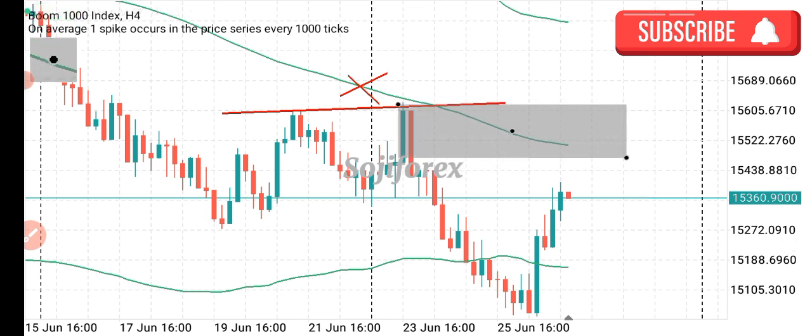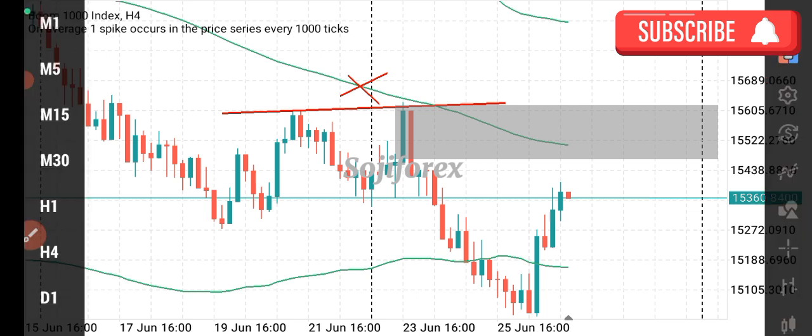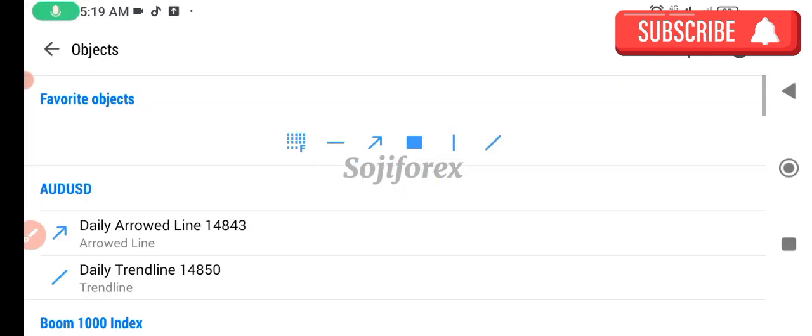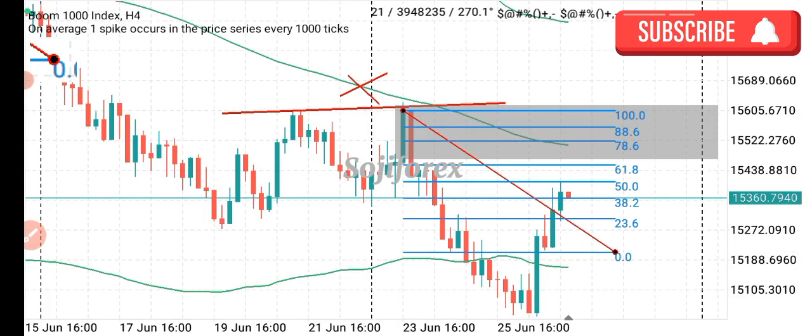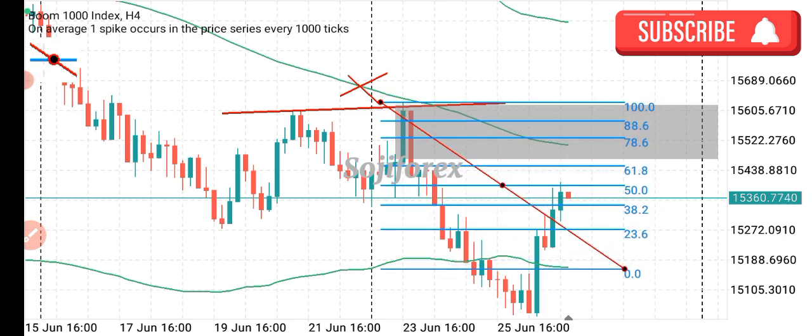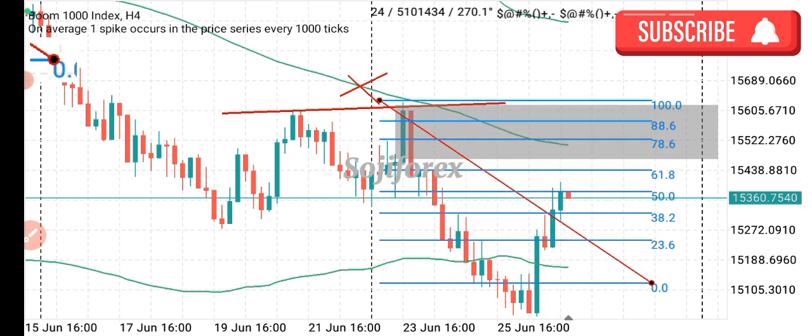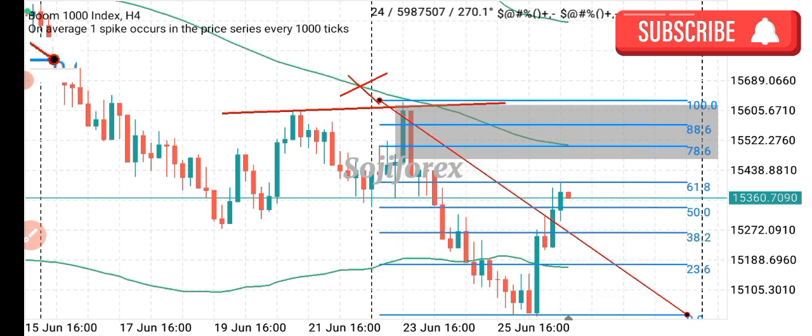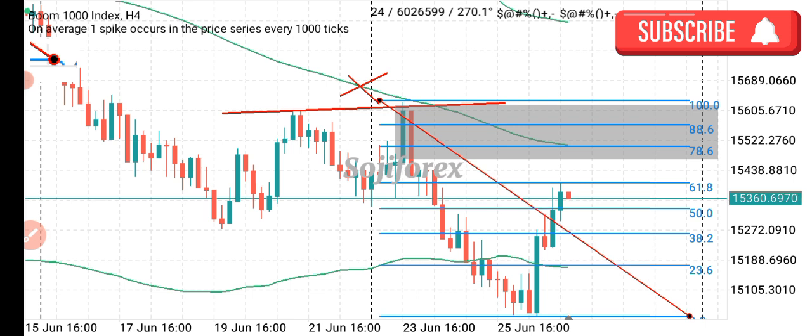That is our order block. This is H4, that swept liquidity. So our expectation is for price to play in that order block. So once price pulls into that order block, it means we are good to go.